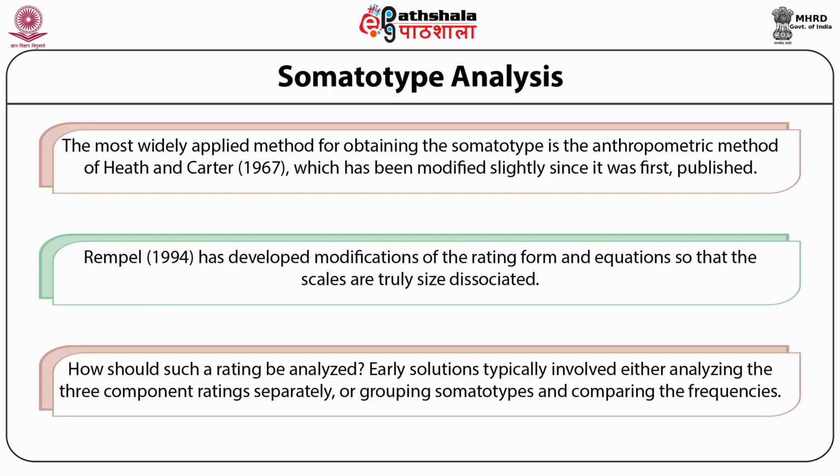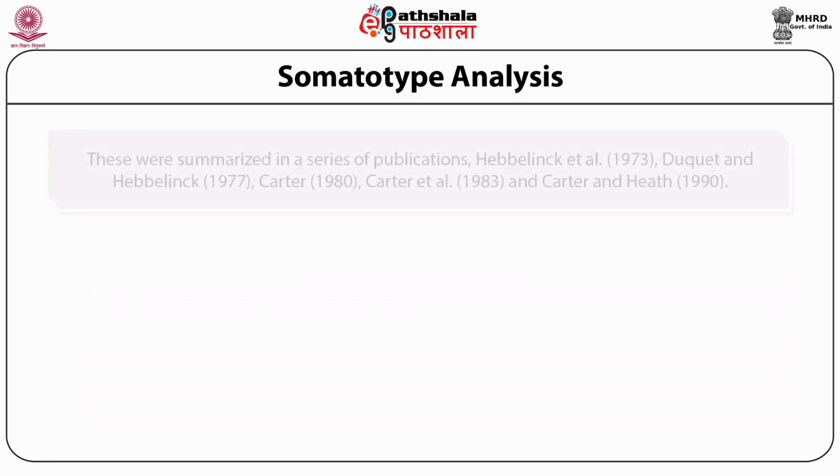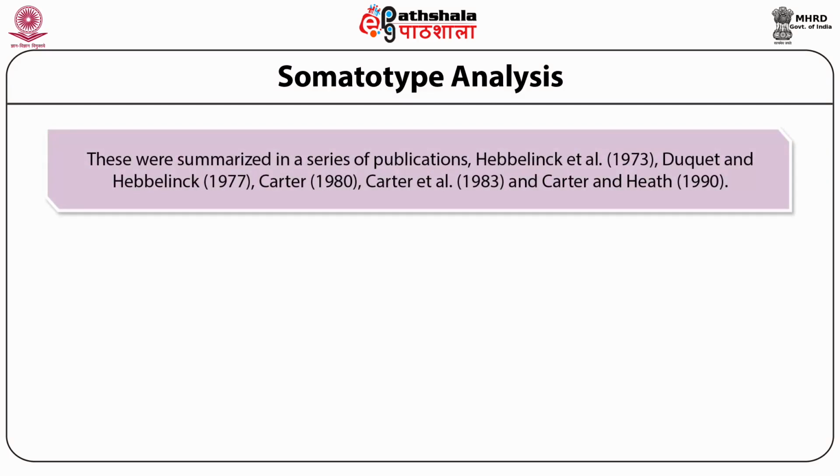During the 1970s and 1980s, more sophisticated analyses appropriate for analysis of somatotype as a whole were developed. These were summarized in a series of publications: Hebbelinck in 1973, Duquet and Hebbelinck in 1977, Carter in 1988, Carter et al. in 1983, and finally Carter and Heath in 1990.